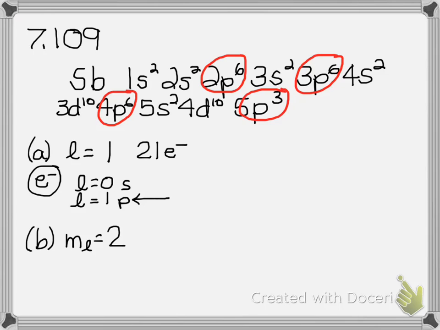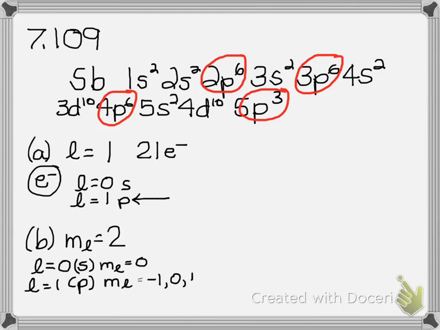Now M sub L equals 2. Remember, to get an M sub L equals 2, let's think about it. When L equals 0, which is an S, M sub L can only equal 0. When L equals 1, which is a P, M sub L could equal -1, 0, or +1.